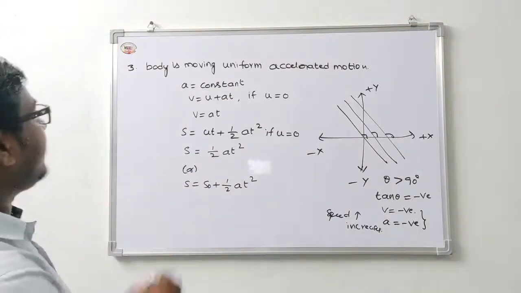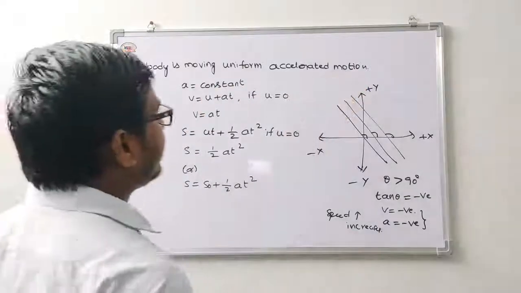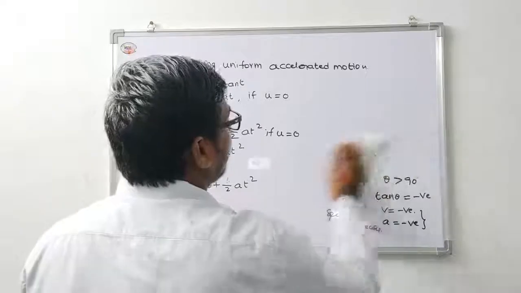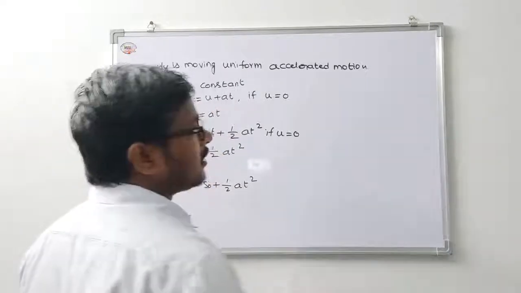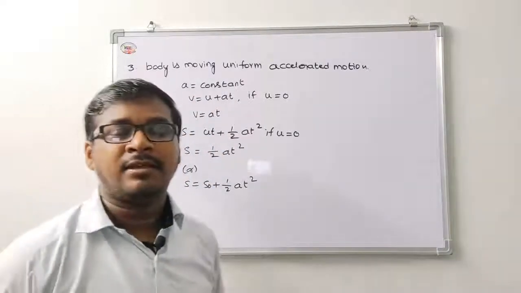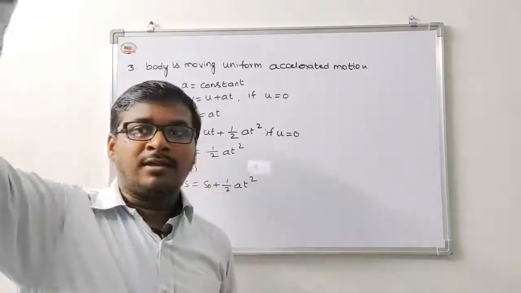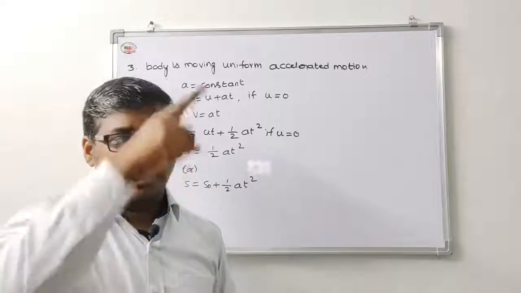In this one, a body is moving in uniformly accelerated motion. For example, if the position time graph is a quadratic equation, then the graph is a parabolic graph, a U shape.